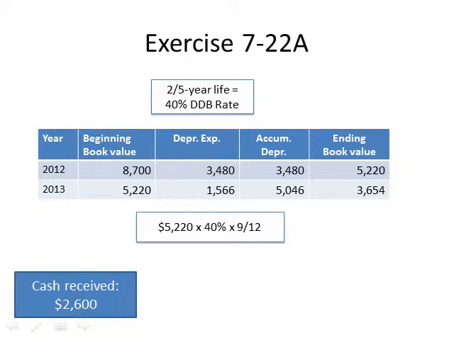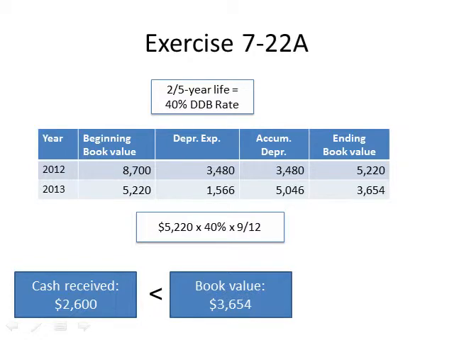The amount of depreciation expense recorded is $1,566. This results in a book value of $3,654 at the time of sale. The cash received is less than the book value, so a loss will be recorded.